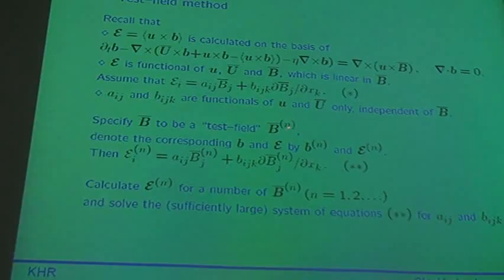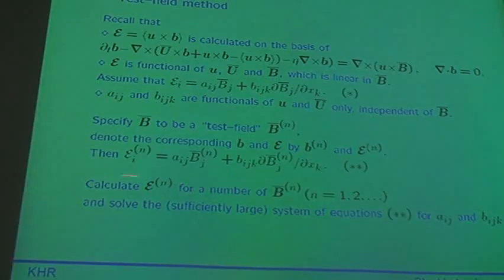So do it with many test fields. Write down such equations. The quantities designated by N depend on the test field, or are the test field, not the Aij and Bijk.